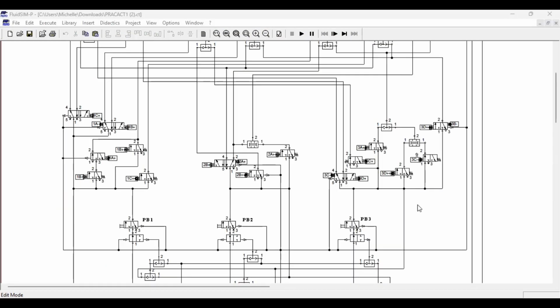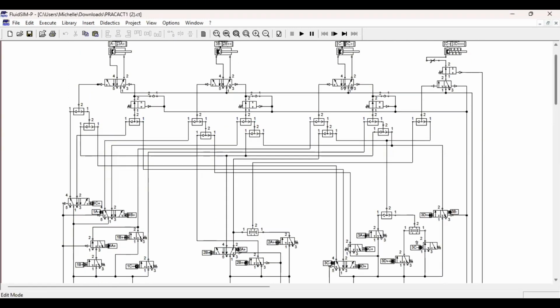Para sa PB3, gumamit kami ng three-way valve na connected sa air source na mayroong manually push button. And ang unang sequence na need masatisfy ni push button 3 is that itong A and B is actuated while C and D is remain retracted.